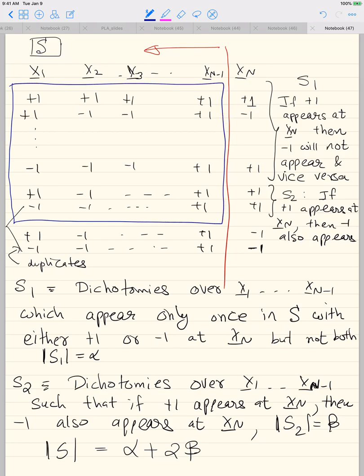So this is S1 and this is S2. So we are looking at this set, this collection of vectors of length n minus 1. What is the size of S1 union S2? Alpha plus beta, right? So let's write that down.